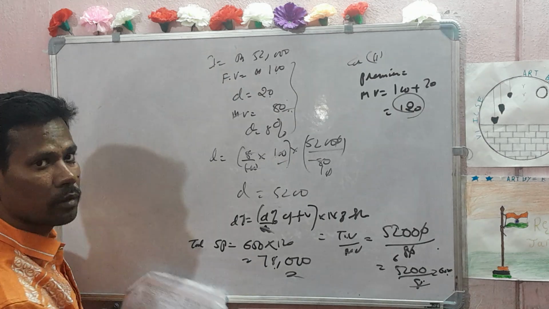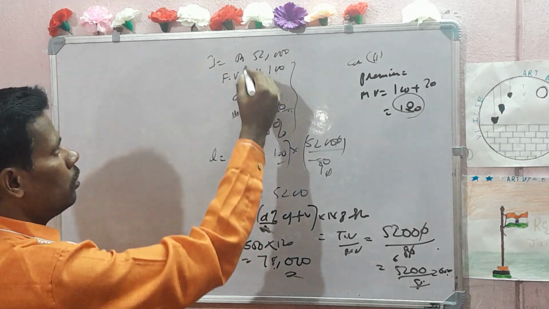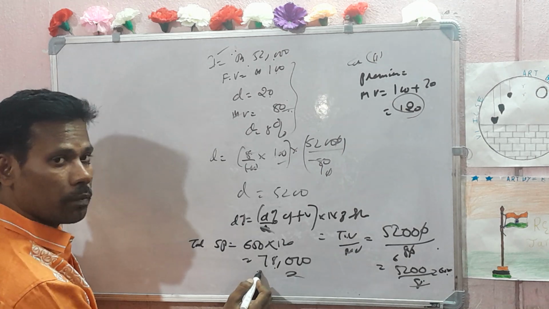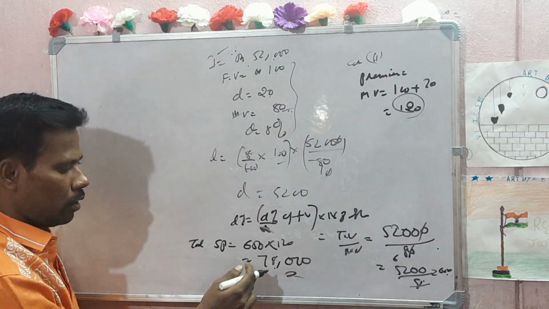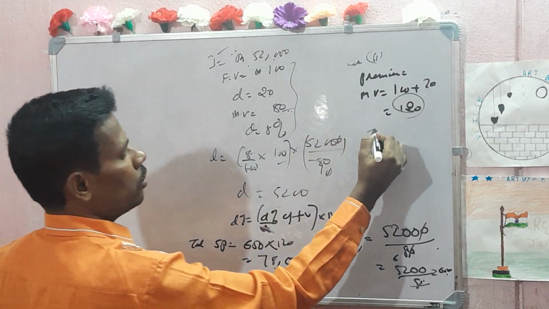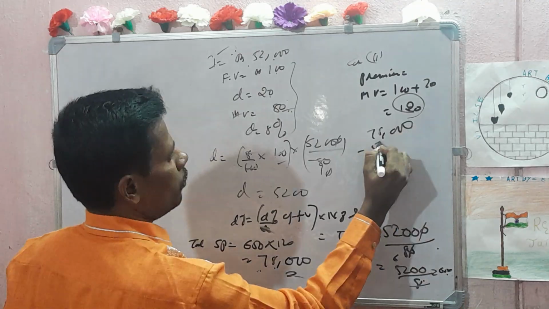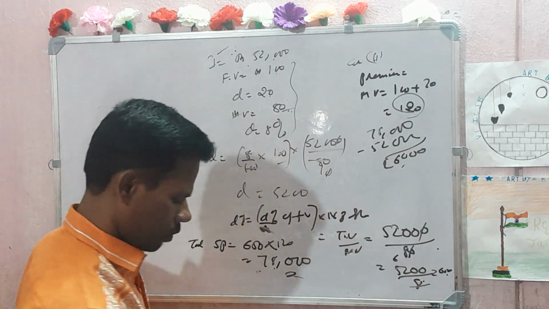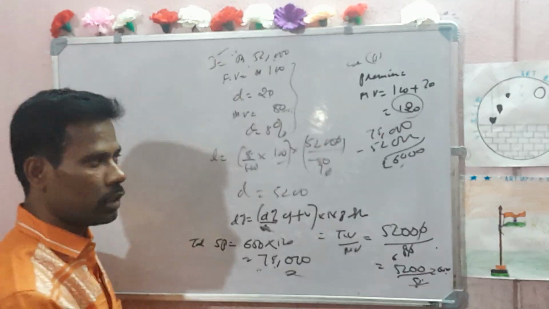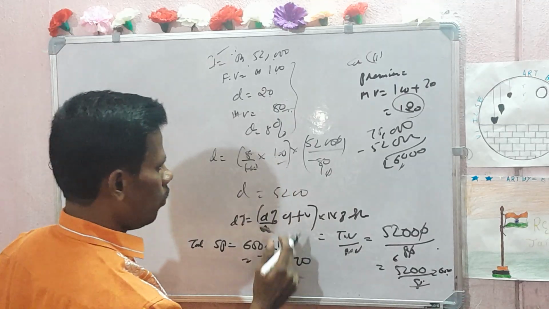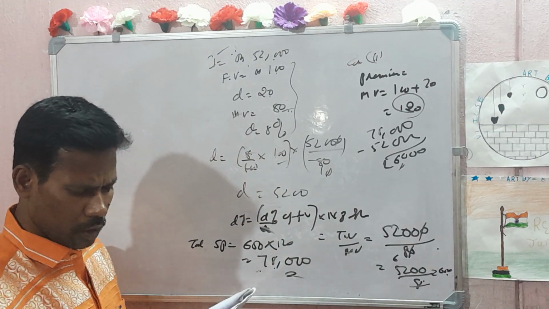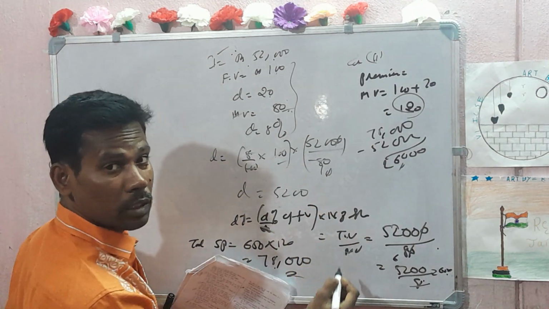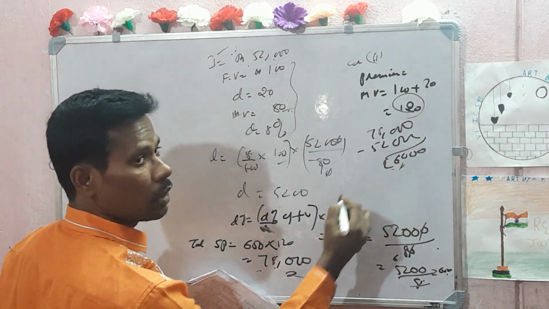Total selling price. Now actually how much is the investment? 52,000. Now the selling price is 78,000. What is the gain? Obviously there is a gain. So 78,000 minus 52,000 is 26,000. Now what is it asking again? Profit earned including his dividend. 26,000 is the profit.